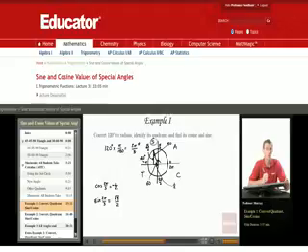If you didn't remember the all students take calculus thing, you can also just work it out once you know what quadrant it's in. It's in quadrant 2. And we know there that the x coordinates are negative and the y coordinates are positive. So the cosine must be negative and the sine must be positive.